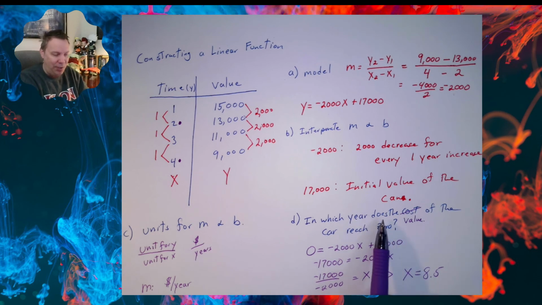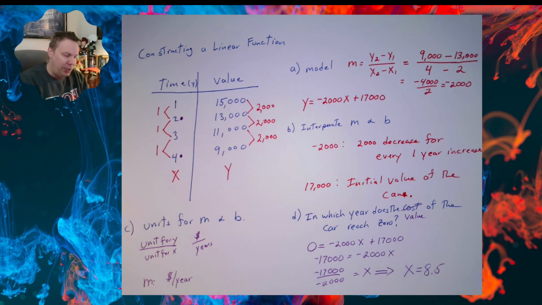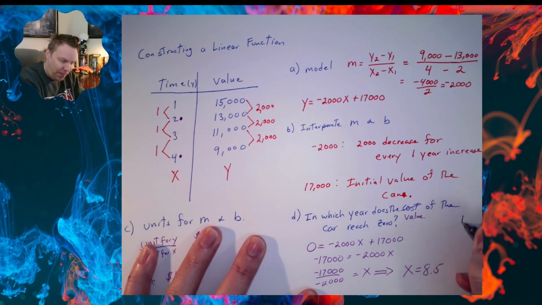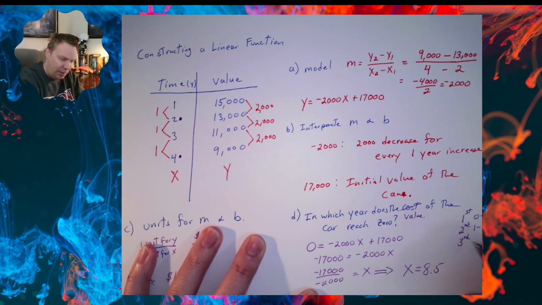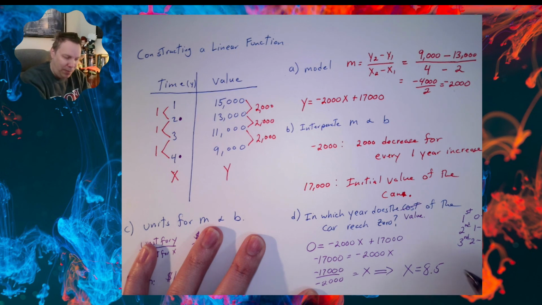But how do I answer this question? So the first year, this is a little technical here. My first year is between 0 and 1. My second year is between 1 and 2. My third year is between 2 and 3. So where does 8.5 sit? 8.5 sits between 8 and 9.